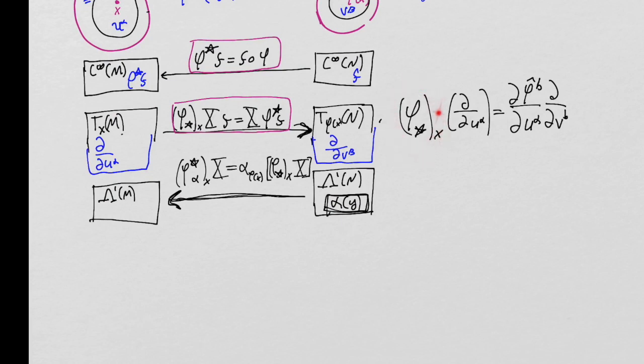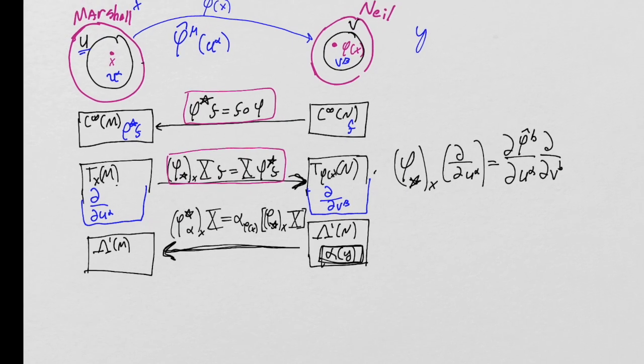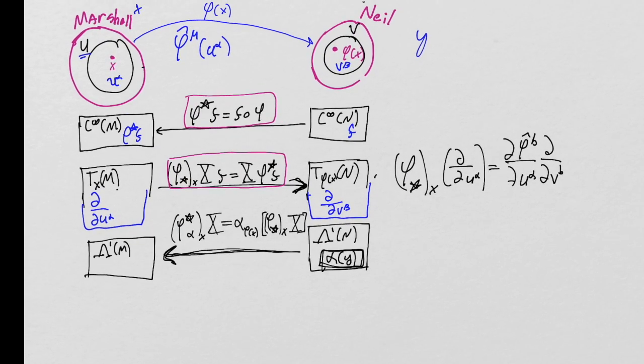The push forward of the coordinate basis vector is equal to this partial derivative of our function between the manifolds, which is a function of u. So it's this partial derivative with respect to the variables u, Einstein summed over the basis vectors in this vector space, right? This is the definition of how you push forward a basis vector.